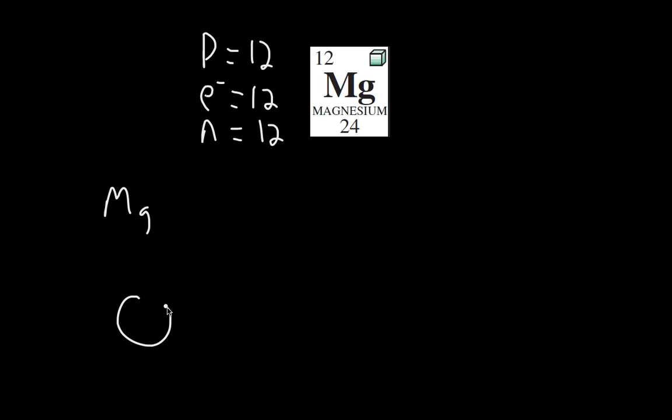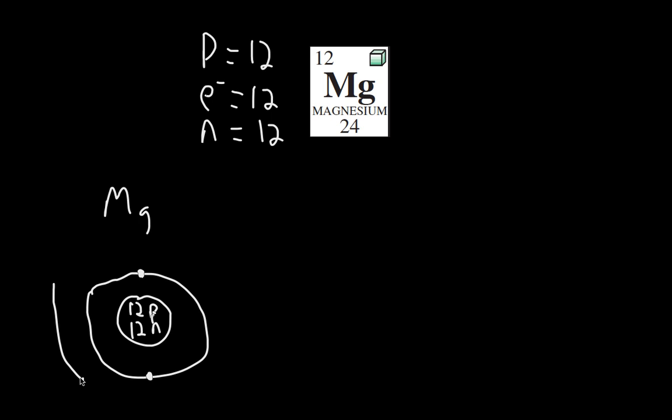Okay, let's get started. Protons and neutrons, remember, always go in the nucleus, so we're going to have a 12p and a 12n. Okay, now it's time to put our electrons on. We have 2 electrons on the first energy level. That leaves us with 10 remaining.